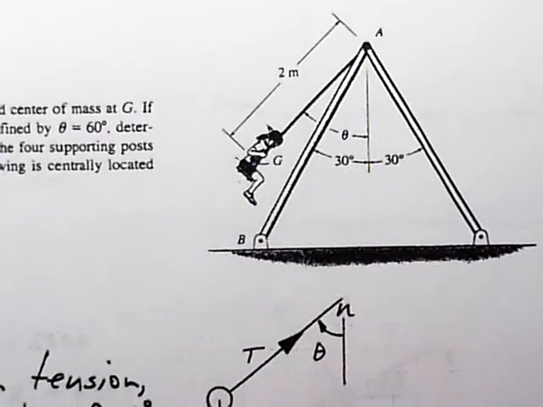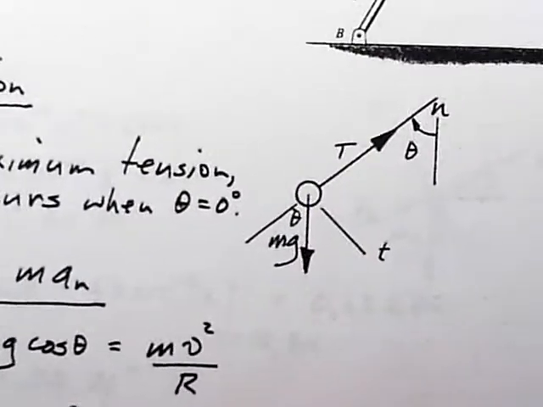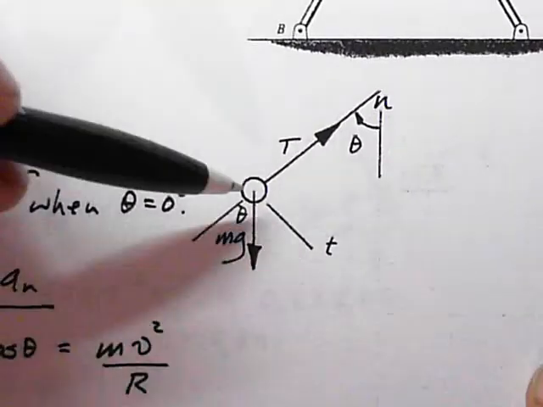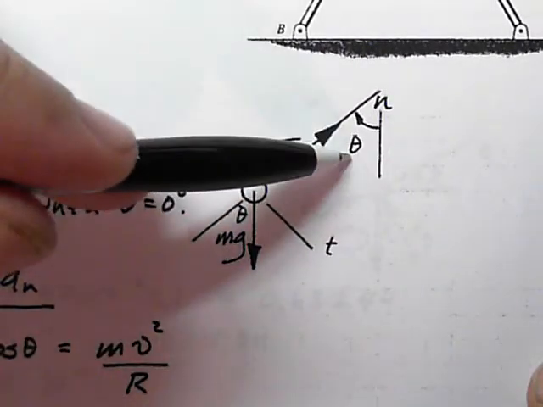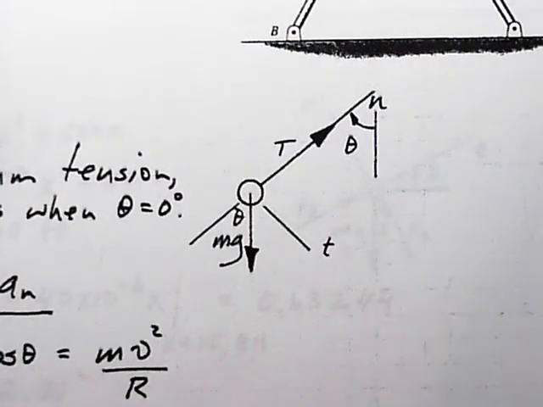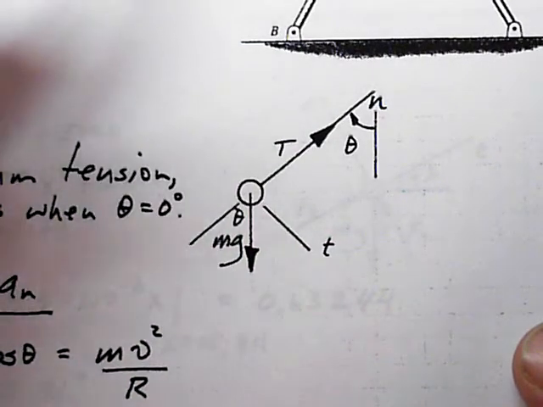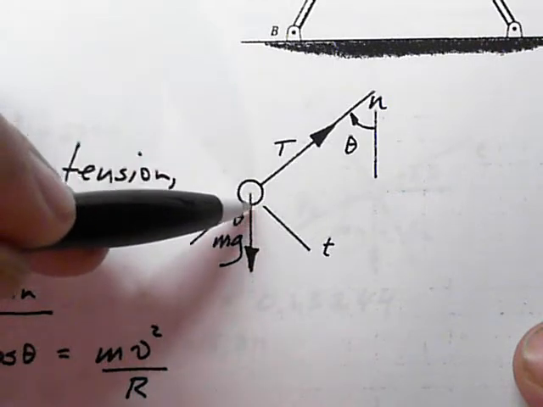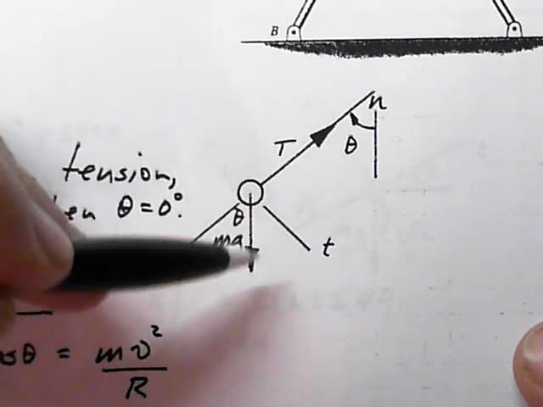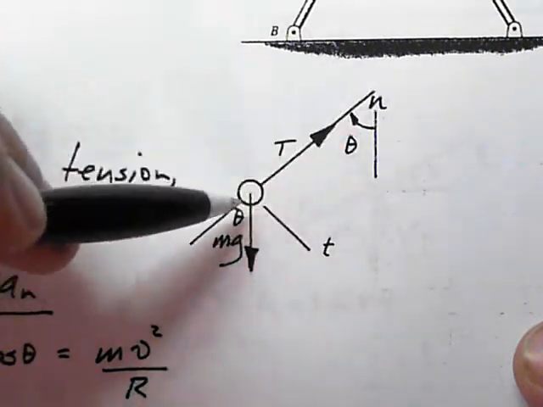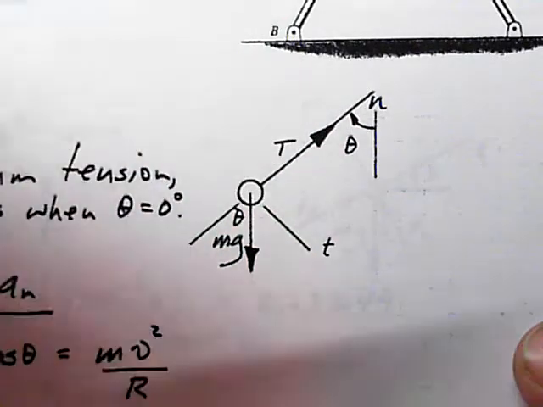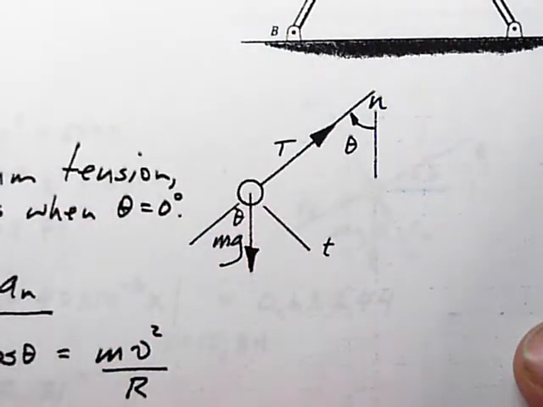So here we go. Looking at a free body at any angle theta, not just 60, not just 0, at any angle theta, we will have gravity acting straight down, and we'll have the tension force acting along the rope at the angle theta.